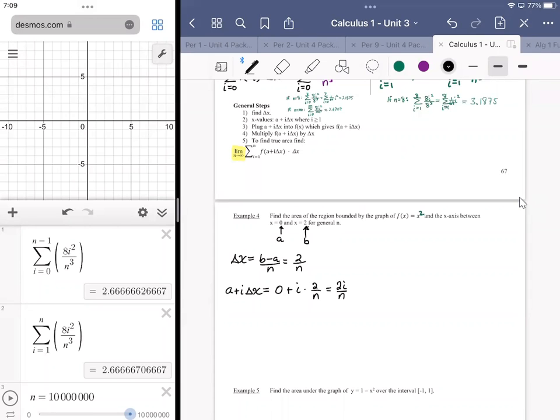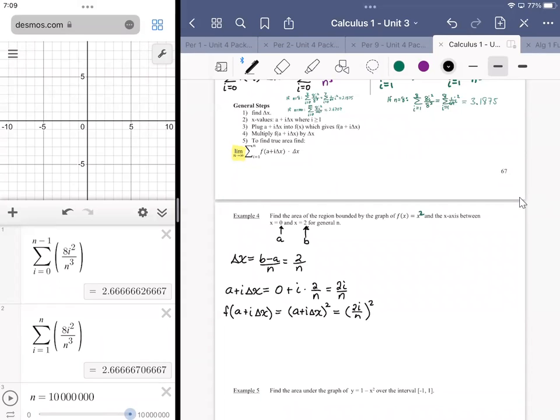All right. f of a plus i delta x is what you would get if you replace the x in your original function with the result of a plus i delta x. The original function is x squared. So a plus i delta x is really 2i over n. We would square that.